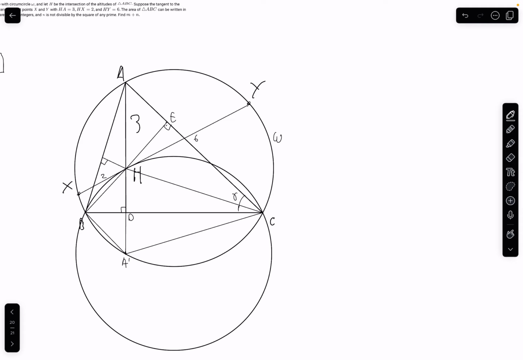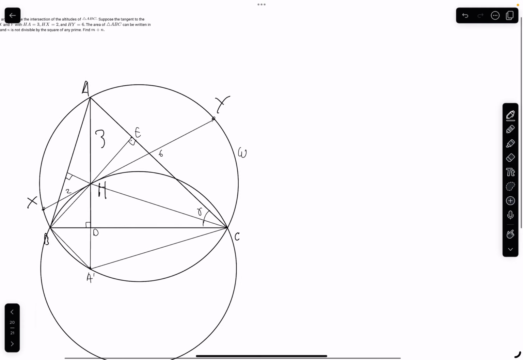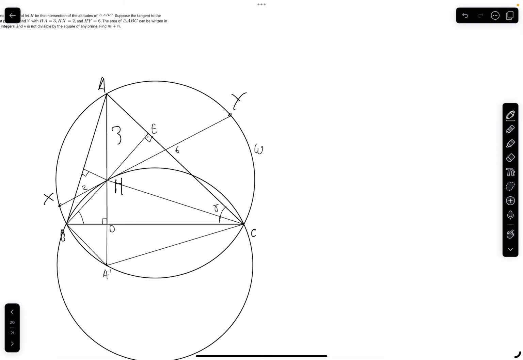If ECB is gamma and BEC is 90, then that must mean that angle EBC is 90 minus gamma. And we apply the same logic here to find that angle FCB is 90 minus beta, where beta is angle ABC.